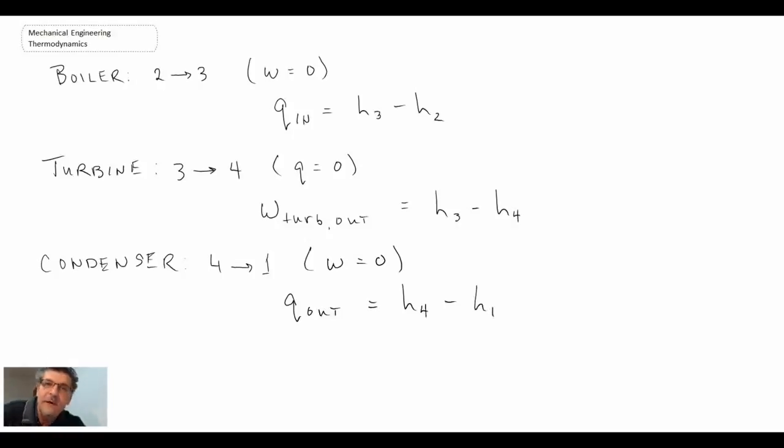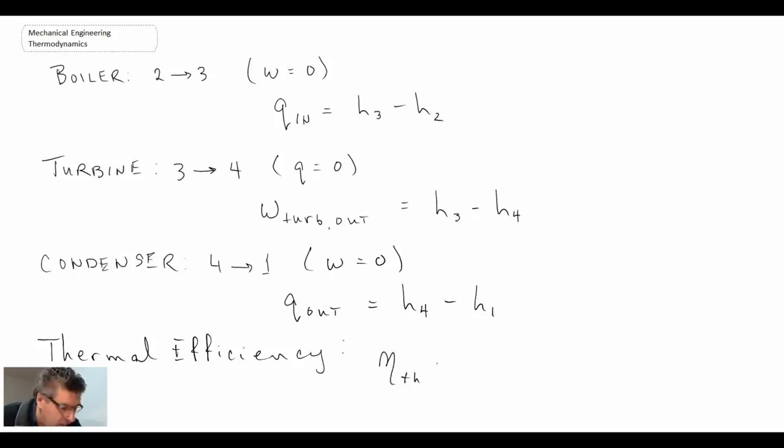So those are all the different equations we can use to examine each of the individual components or devices within the Rankine cycle. With that, the final thing that I want to say is that the thermal efficiency can be calculated with the following.